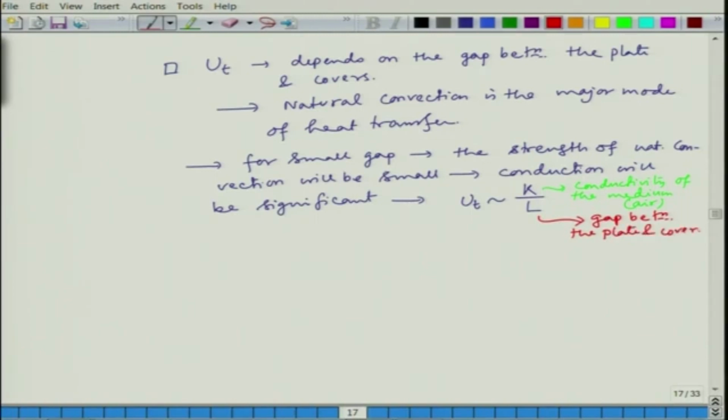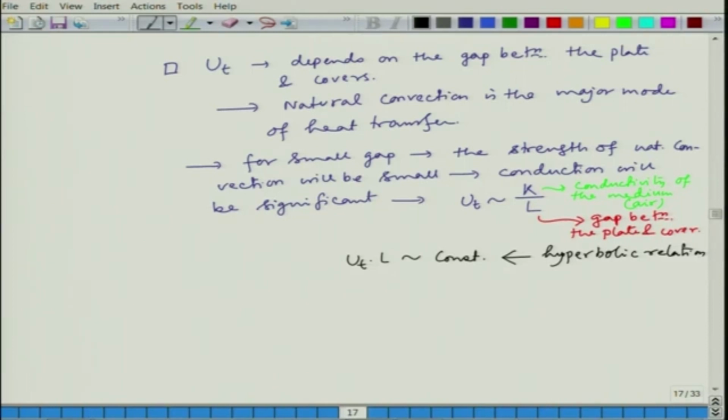Okay. So, if this is the case and natural convection is not so strong, then what we can write? This UT times L will be a constant, right, its conductivity is a constant. So, what kind of relationship is this? This is a hyperbolic relation, right. So, if you plot this UT as a function of this L, then you will have a hyperbola.